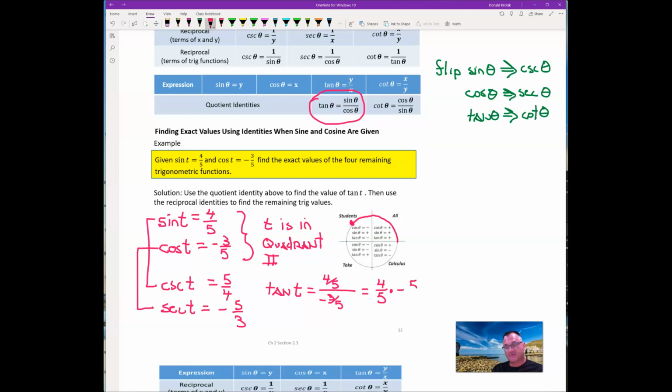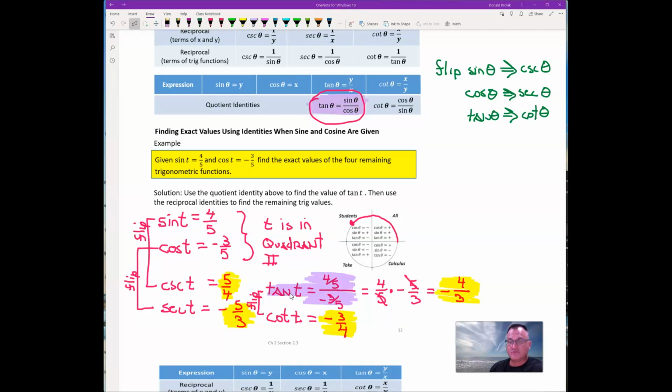So that's going to be 5/3. So the 5's cancel, and I've got 4 times negative 1. It's going to be negative 4 over 1 times 3, 3. And there's my tangent. Now I'm going to flip that to get cotangent. Negative 3/4. And there are my values.